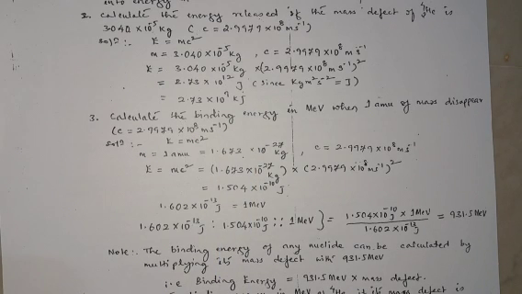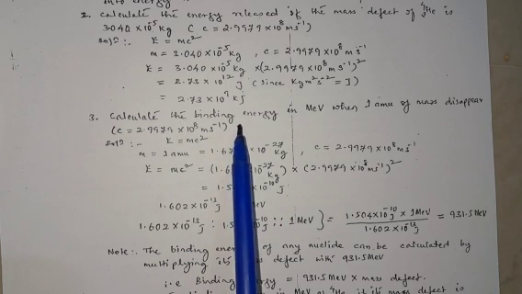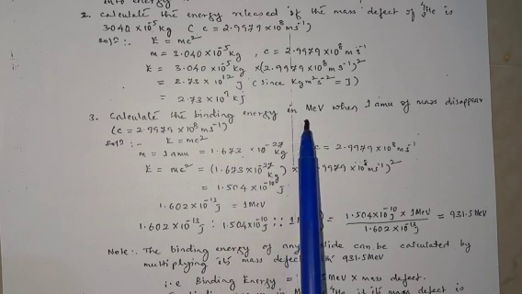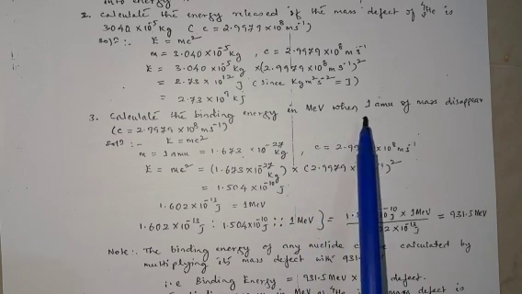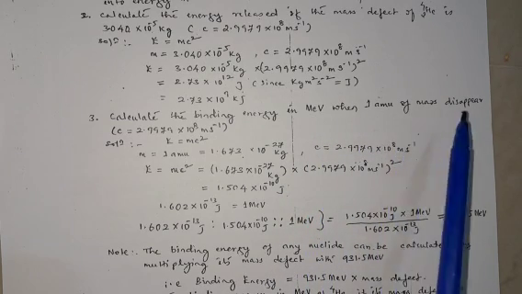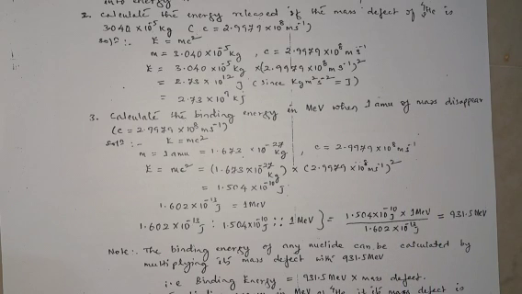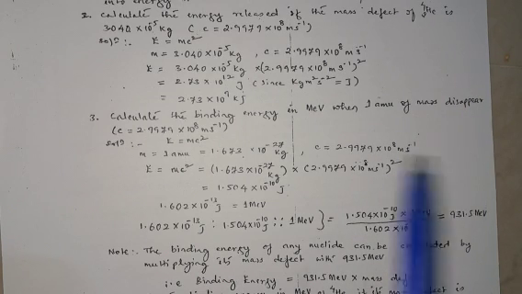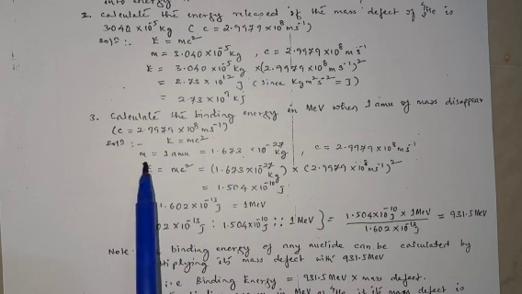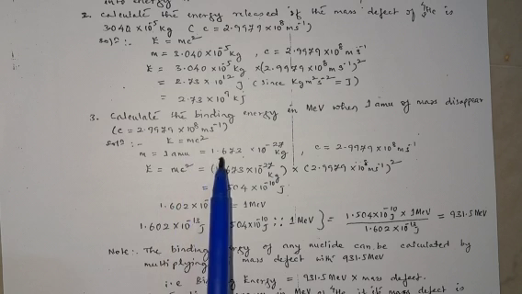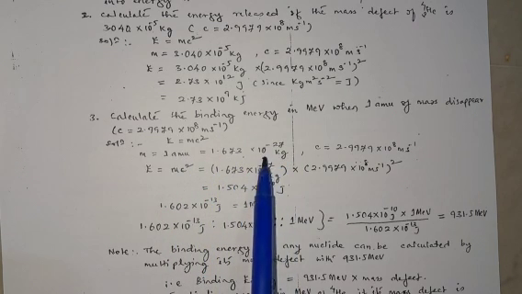Similarly, we have to calculate the binding energy in MeV. When 1 AMU of mass disappears, we calculate the binding energy. We know the mass energy relation E is equal to mc square, where M is equal to 1 AMU, that is 1.673 into 10 power minus 27 kg.